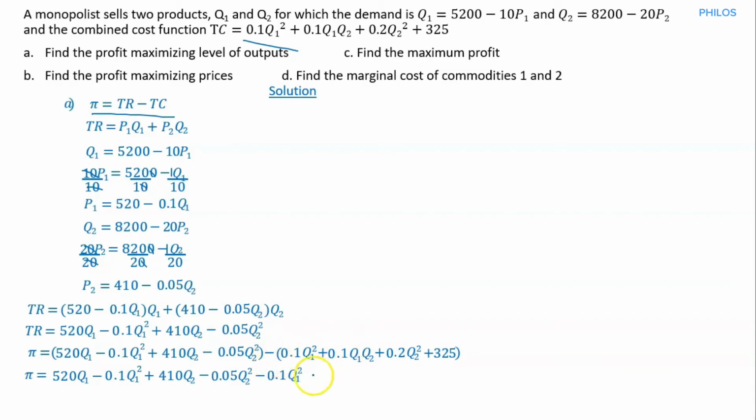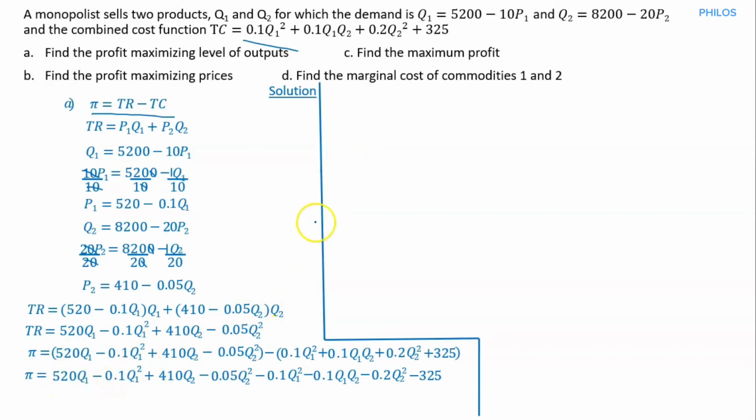Negative times this positive will also make it negative. So we have negative 0.1 Q1 Q2 minus 0.2 Q2 squared minus 325. A negative will affect everything in the bracket. Okay, so let's simplify this. Let me draw a line here so that we can write at the other side.